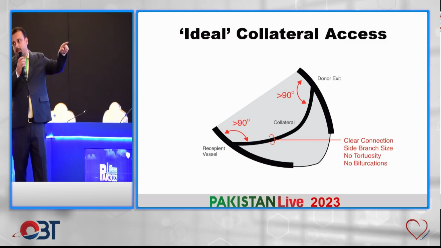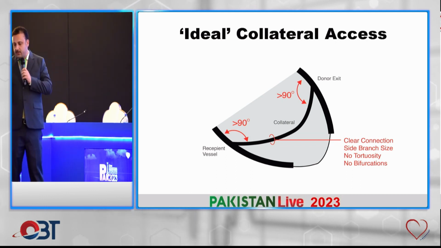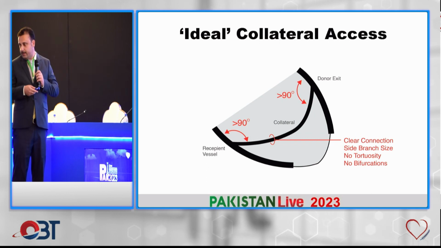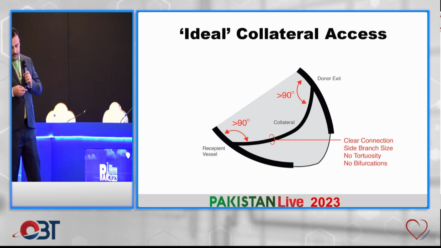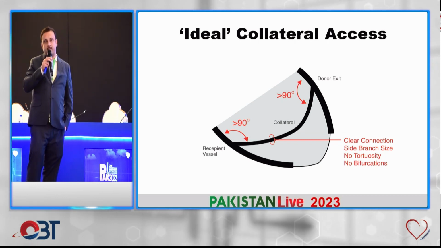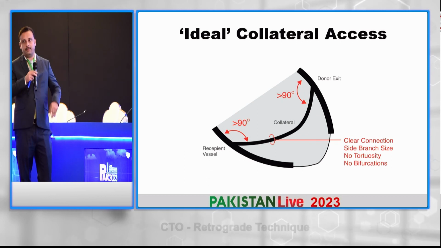We see what the size of the artery is, whether there are any bifurcations, whether it is straight or tortuous, and what the diameter of the septal is. These are certain things which we look at in the retrograde septals.